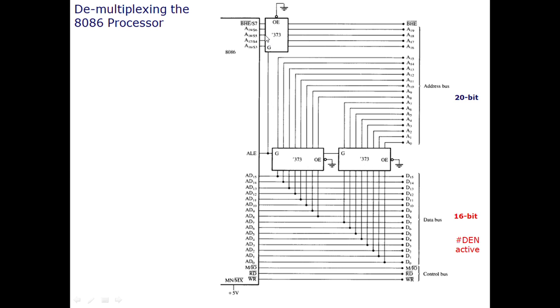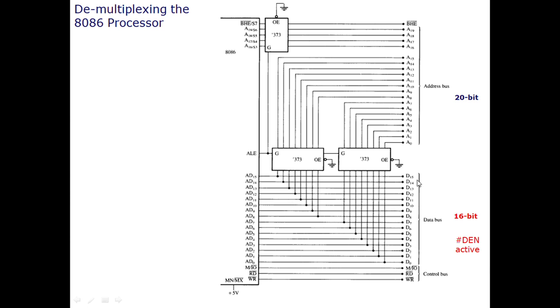This will just pass on the input to the output whenever the G input is 1, or whenever this latch is selected. And for the address and data demultiplexing, in the 8086 AD0 till AD15 pins are multiplexed for data and address, because in the 8086 microprocessor the data bus is 16-bit wide.